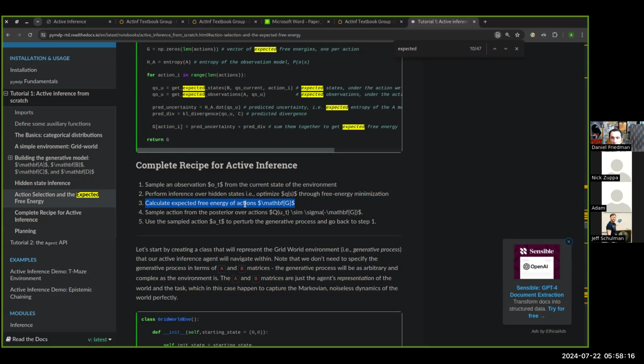Policy prior: reweight the policy prior according to expected free energy, epistemic plus pragmatic value. Get the policy posterior, sample from it, or just pick the best one, or sample probabilistically from it. Re-enter that sampled action into the generative process. That's it.